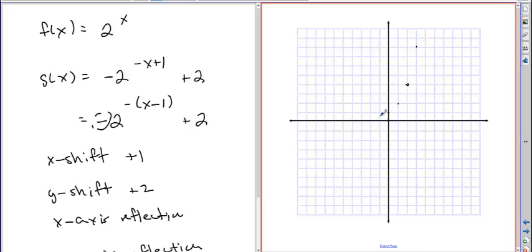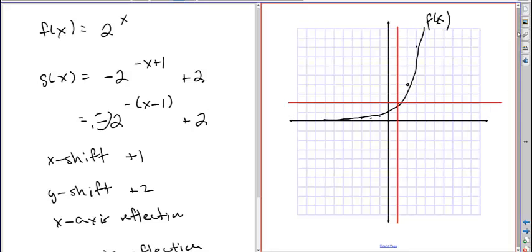Then we go the other way, 1/2, 1/4, 1/8, approach the x-axis. So that's our parent function. And then what we're going to do here is we're going to shift the axes. So we're going to move the y-axis 1 unit in the x direction. And we're going to shift the x-axis 2 units in the y direction.